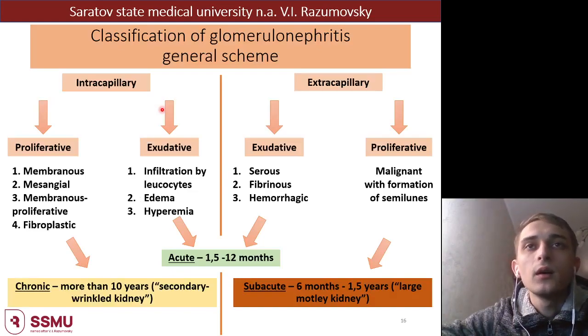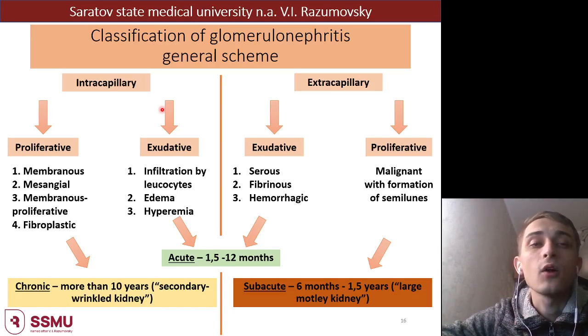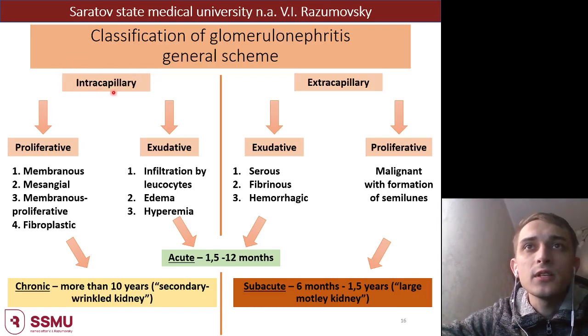On this slide, I try to show you all general forms of glomerulonephritis, and it's a common scheme of its classification. According to localization, they may be intracapillary and extracapillary. According to type of inflammation, they may be proliferative and exudative.